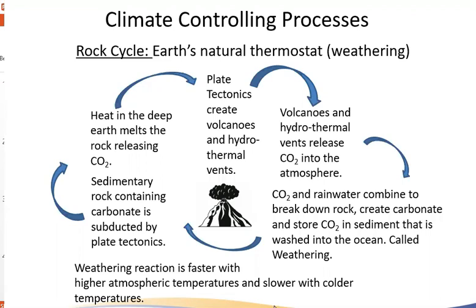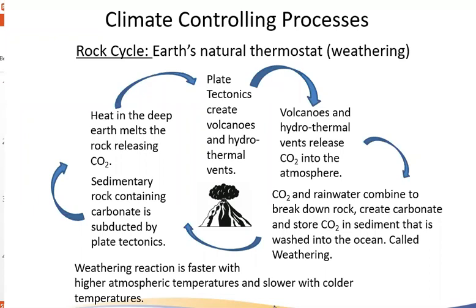Some of it is decomposed, and we'll talk about that in a little bit, but it carries much of that carbon dioxide down onto the sea floor, where it forms carbonate limestone. The limestone is eventually subducted, volcanoes form, and then again, the carbon dioxide is released back to the atmosphere.